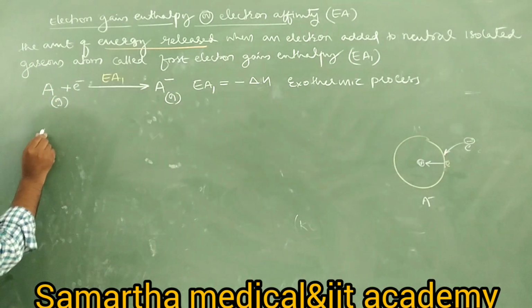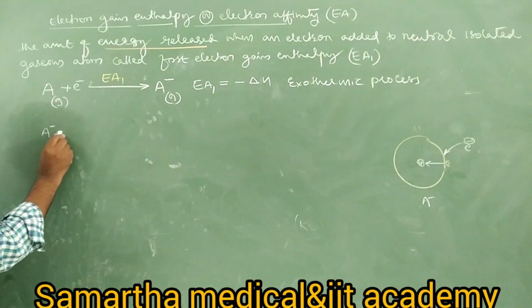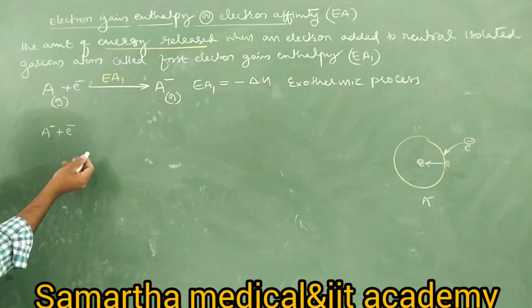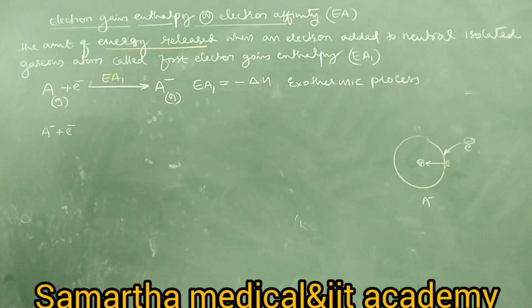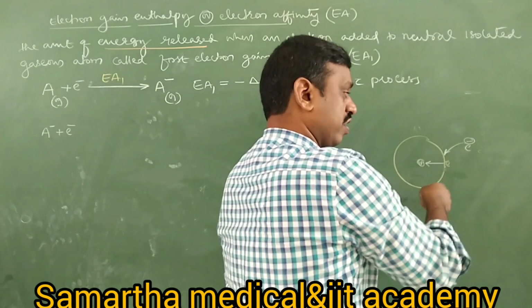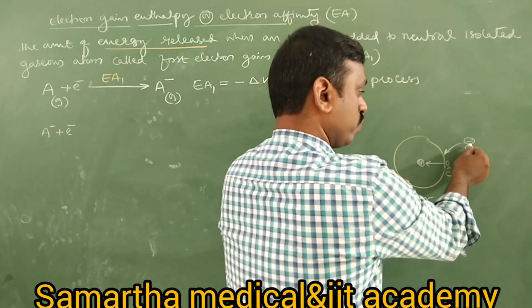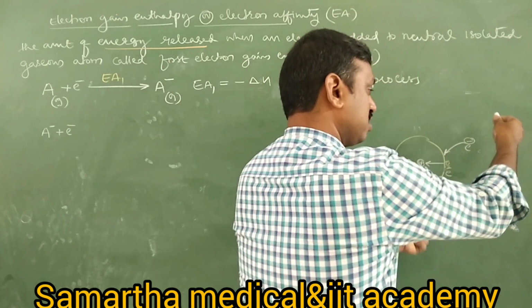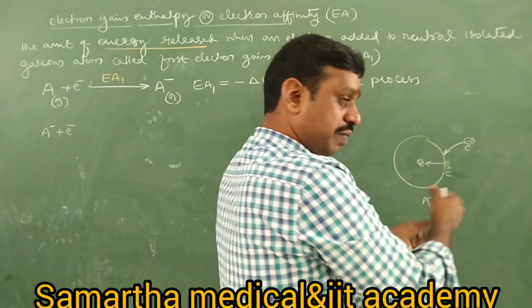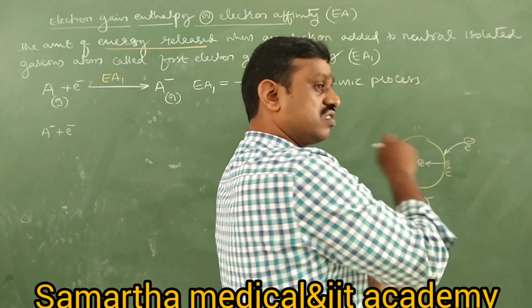Now I take A minus, which already has one excess electron, and I want to add one more electron to it. Due to the excess electron already present, when you try to add another electron, a repulsion is exerted between the adding electron and the existing electron.